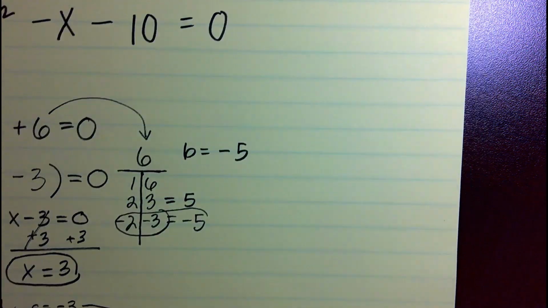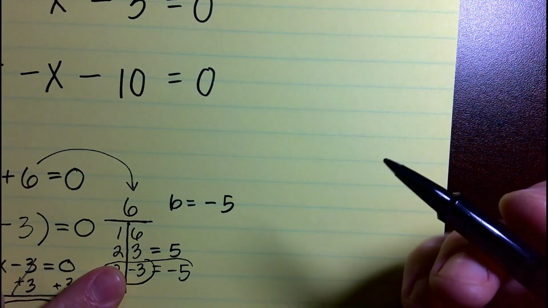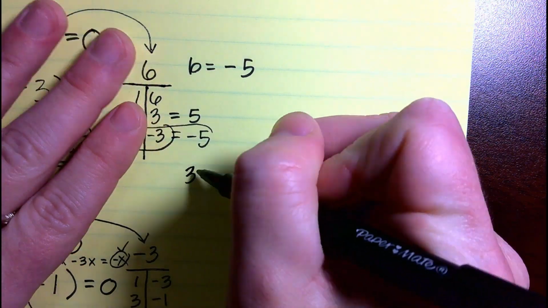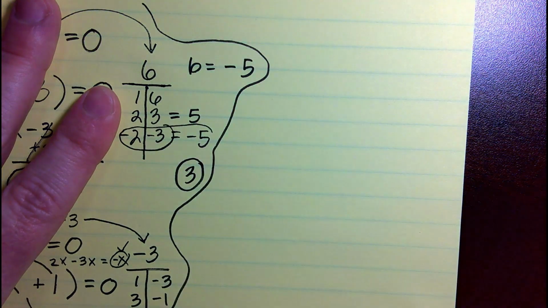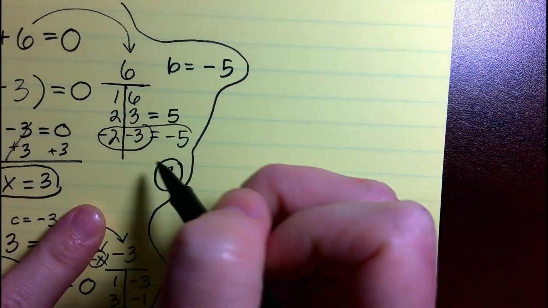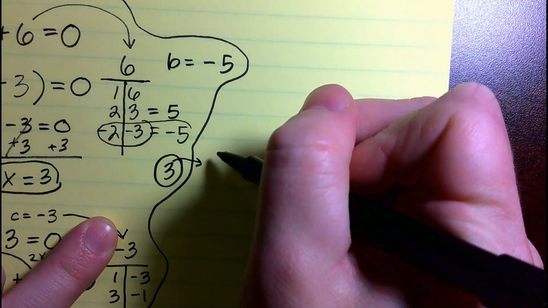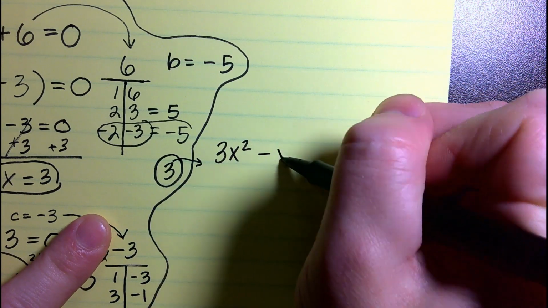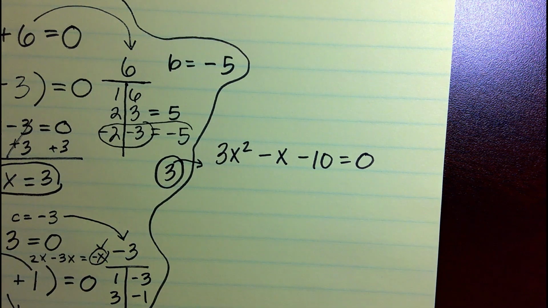Okay, I'm going to move it. Let's go all the way back up here. Number 3: I've got 3x squared minus x minus 10 equals 0.